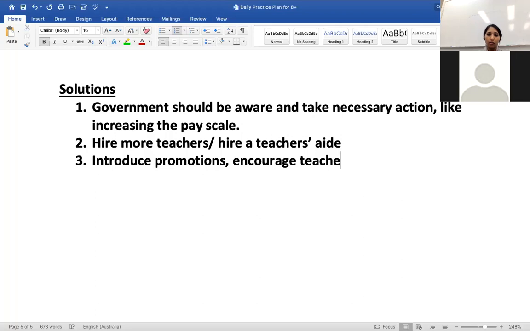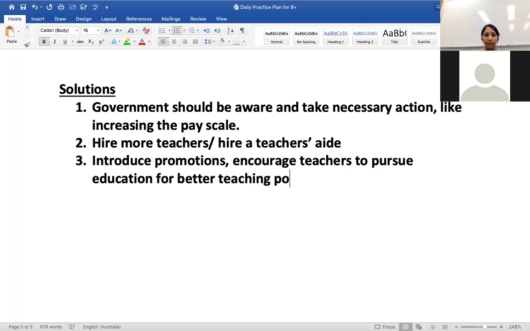So, encourage teachers to pursue higher education for better teaching positions. So this is how you make a plan.